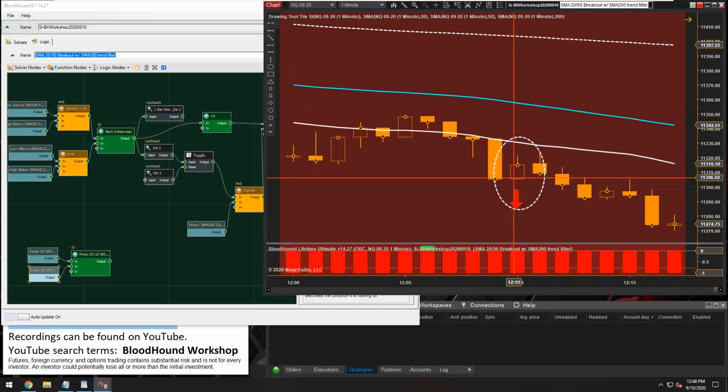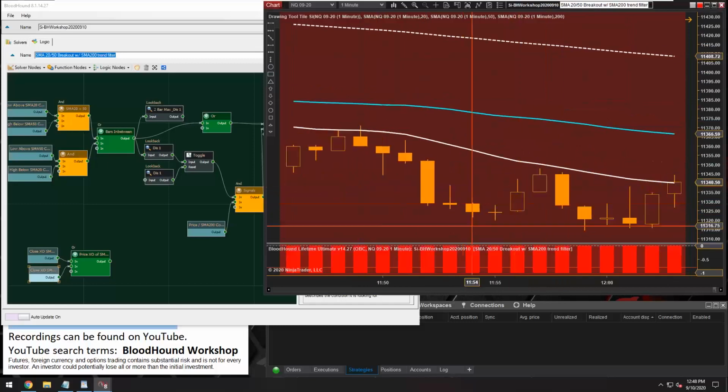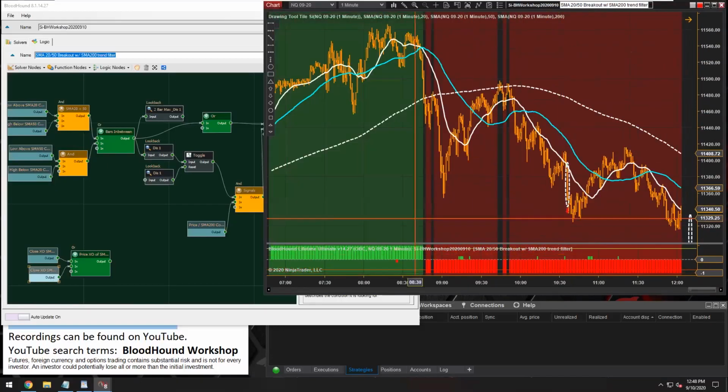Well, in a short signal situation, it would be the high of the bar. So if the high of the bar has crossed the moving average, then we know the entire bar is below the moving average by comparing the high of the bar to the moving average.